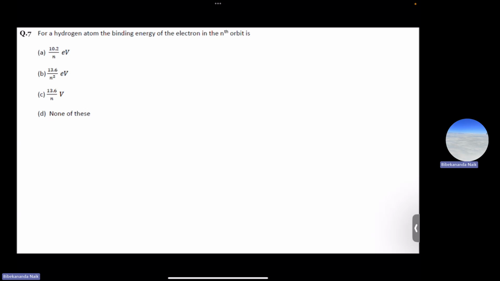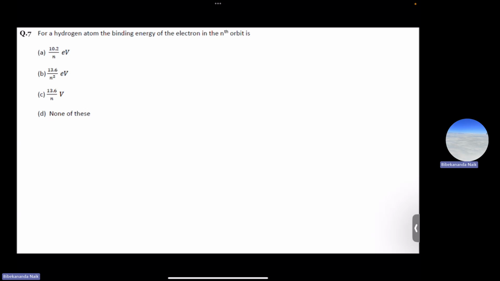The binding energy is the amount of energy required to remove the electron from that particular atom. If we compare the energies of the electron when it is present in the atom and when it is free from the atom, free means the energy is zero.